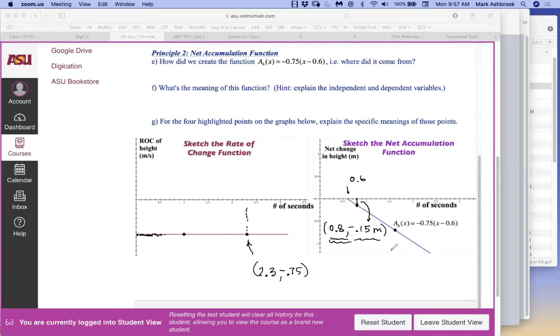Yes, what did you mean by after, so it's 0.8 seconds after the 0.6 seconds? No, so the independent variable of this function is time since we started lowering the flag. So that's time since 0. So when x is 0.8, we're saying 0.8 seconds after we started lowering the flag at time 0.